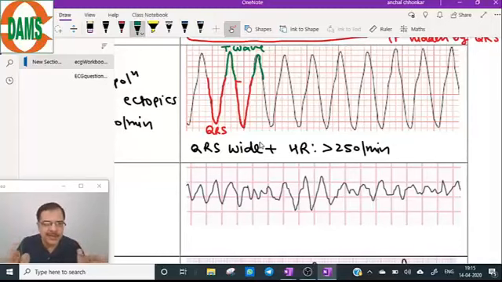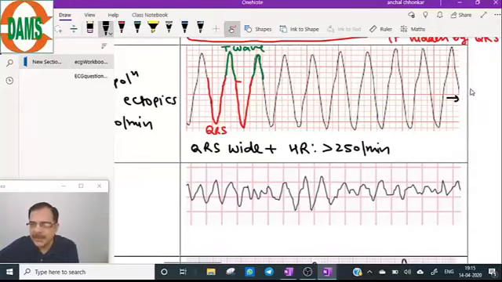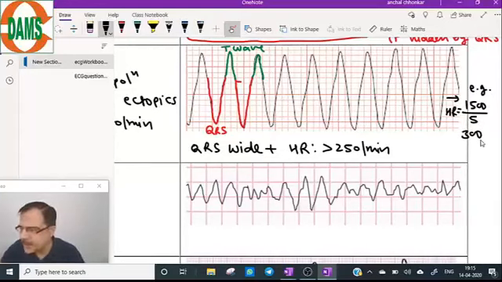In this example, the heart rate is 1500 divided by 5. So it will come out to be 300. So this is a ventricle flutter.